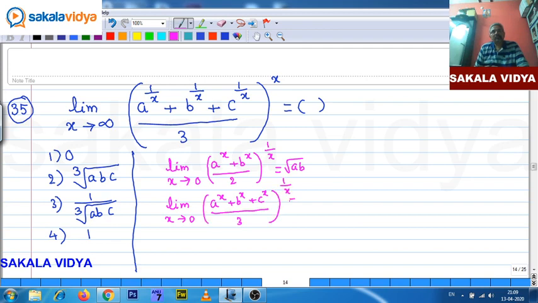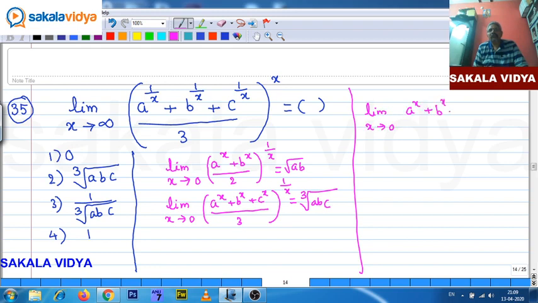Now you can expect the answer, cube root of abc. Okay, please note down. Limit x approaches 0, ((a^x + b^x + c^x + d^x)/4)^(1/x). Tell me what is the answer. Fourth root of a into b into c into d.